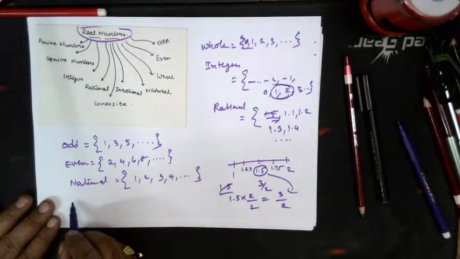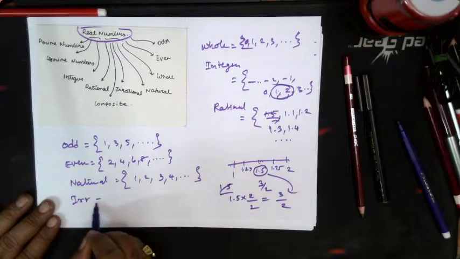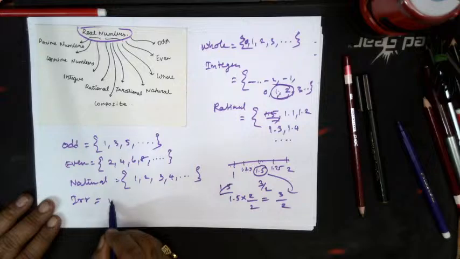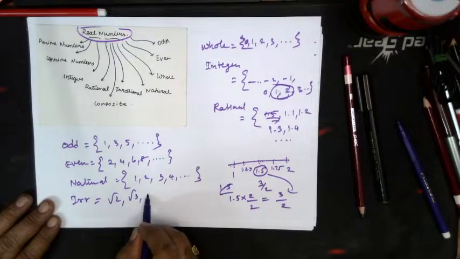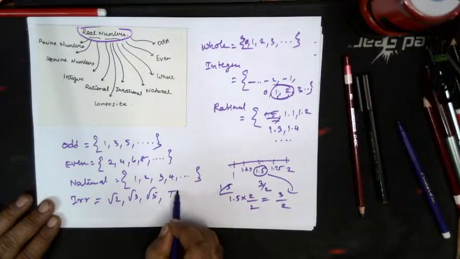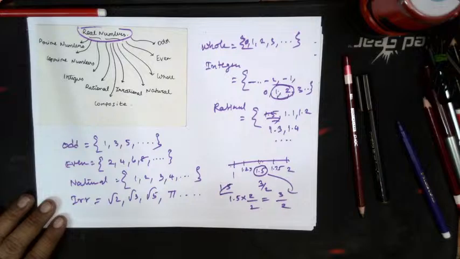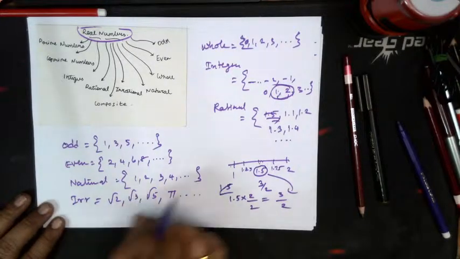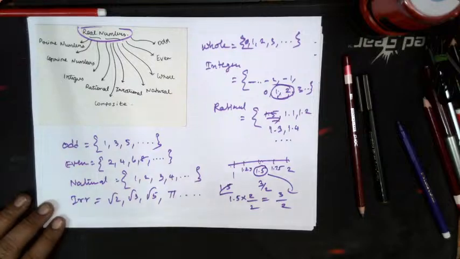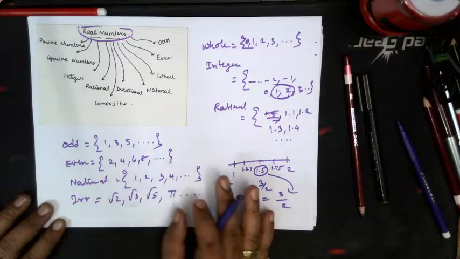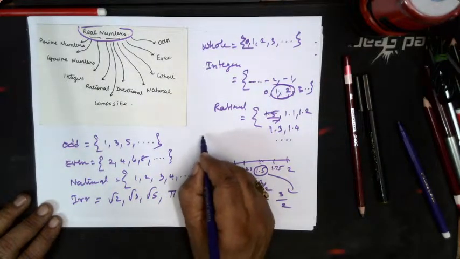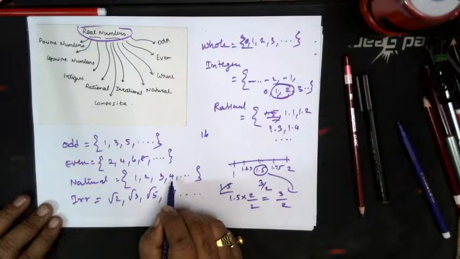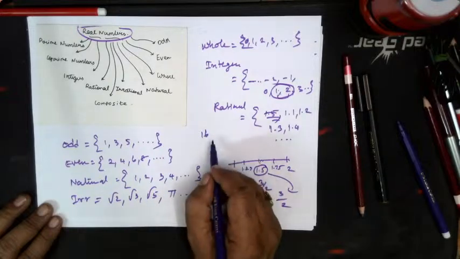Irrational numbers are root 2, root 3, root 5 and pi, etc. Okay, because they are all non-terminating, non-repeating, that I have already discussed. And you have got the composite number. For example, if you take 16, that can be factorized as what?